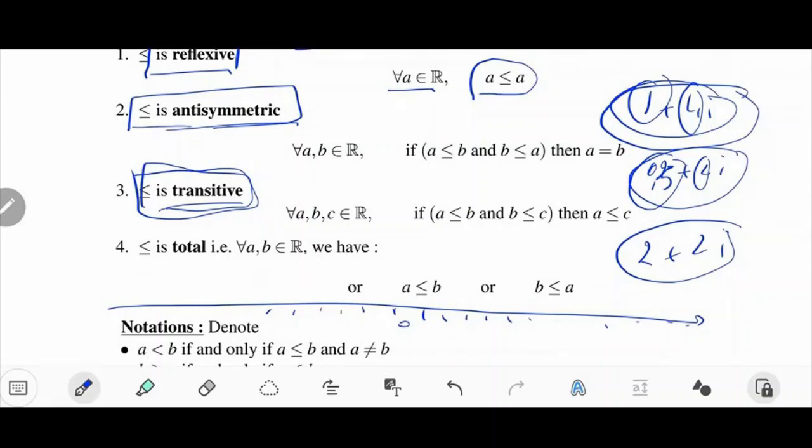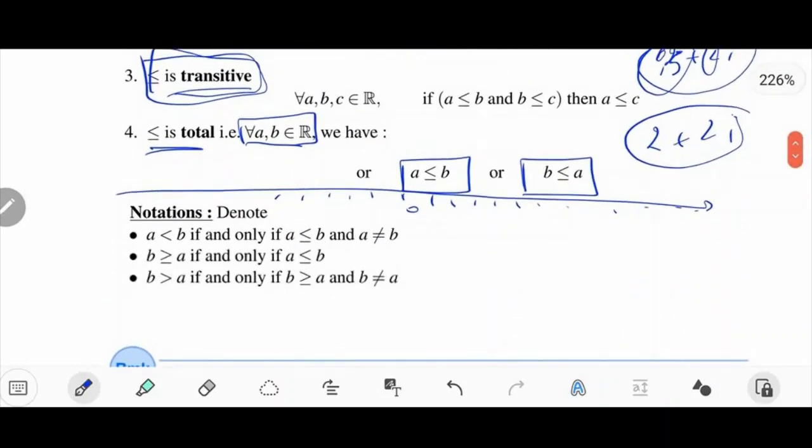And so we say here that the order is total if for all A, B in R, so any two elements you choose in R, you have whether A less or equal to B or B less or equal to A for sure. There is one element that is in relation with the other element. Of course, we will denote by less strictly like this without the equal.